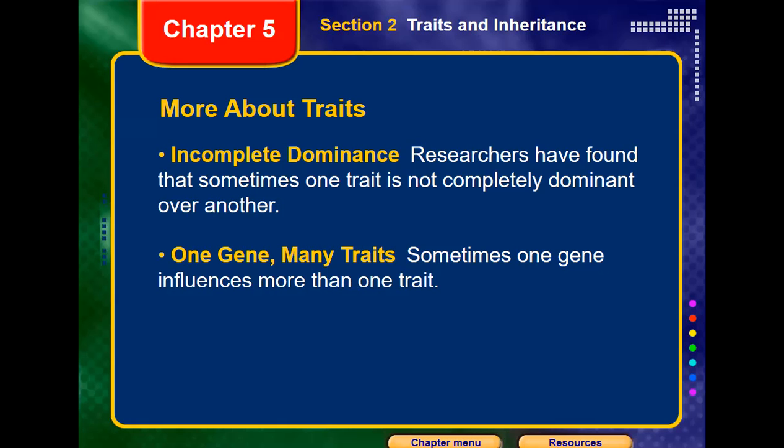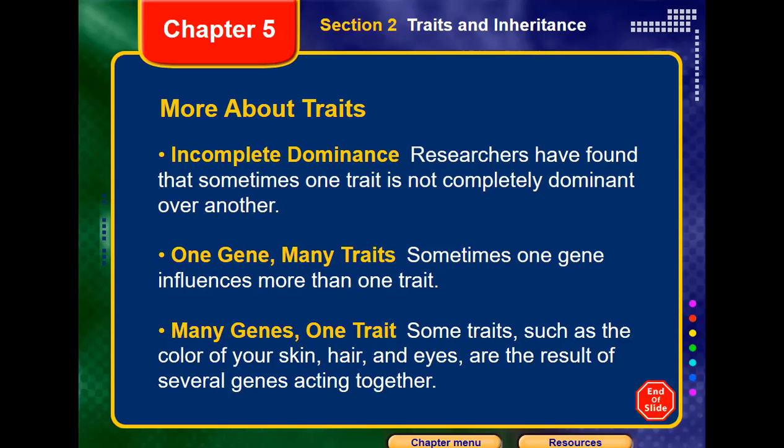So one defect in the gene does not cause a defect in just one trait, it causes defects in many traits. It changes the color of the eye, the skin, and the hair. So one gene only is responsible for many traits. That's also not like Mendel, because for Mendel it was one gene for one trait, but here it is one gene for many traits.